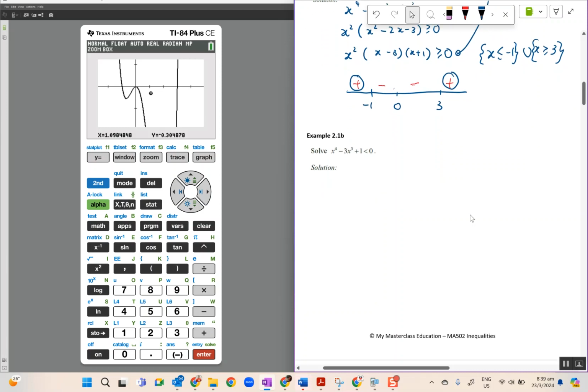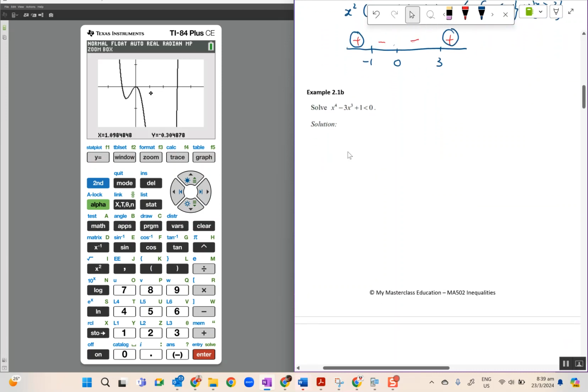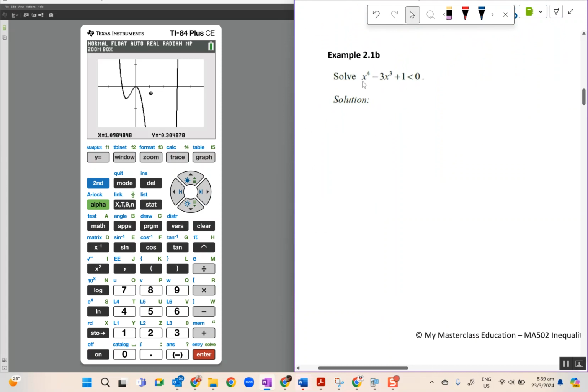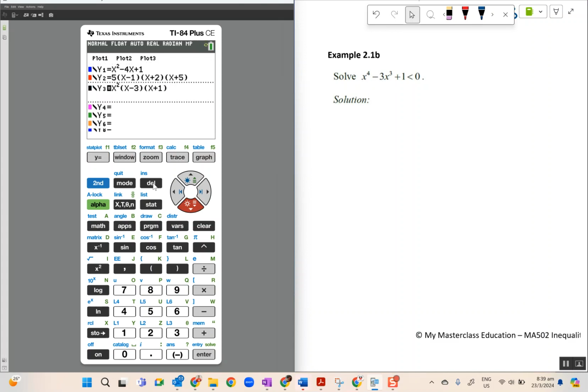Now in this question, the question didn't ask you to put in exact form, and you cannot factorize x power 4 minus 3x squared. So all we need to do is to key this whole graph into our GC. x power 4 minus 3x cubed, plus 1.